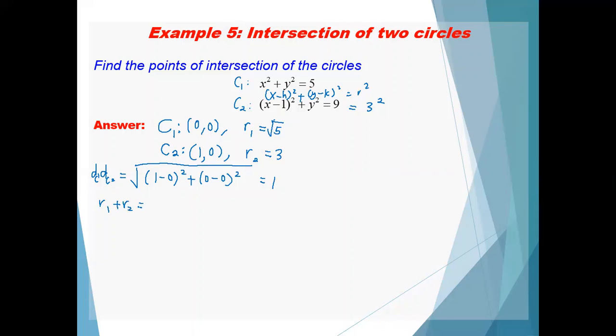R1 plus R2 is equal to square root 5 plus 3. So what can we conclude? What is square root 5 plus 3? It is 5.2361.